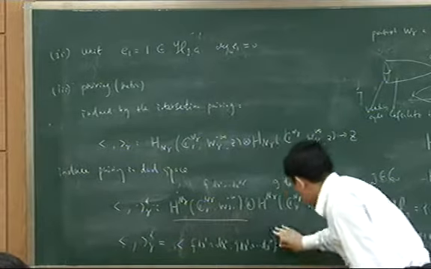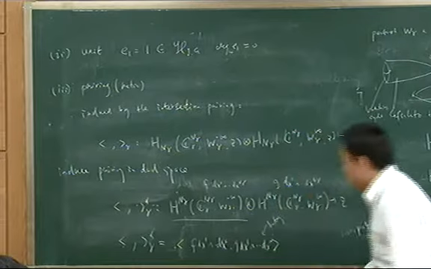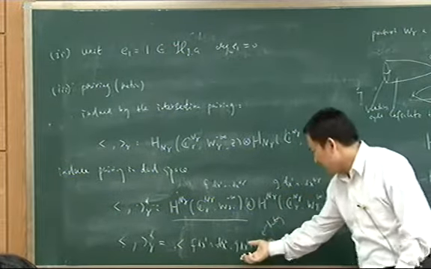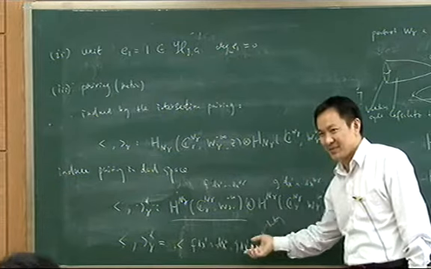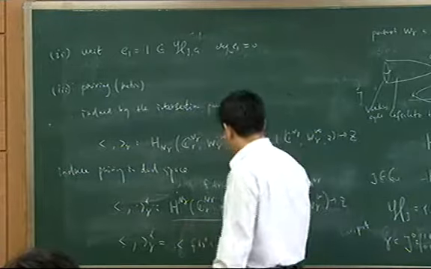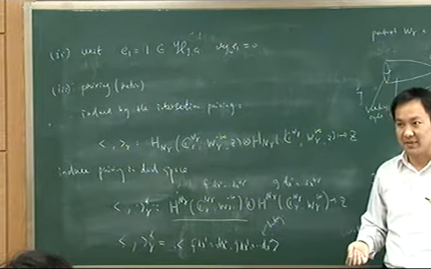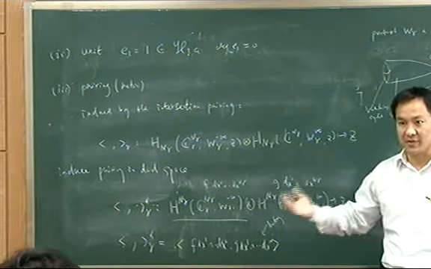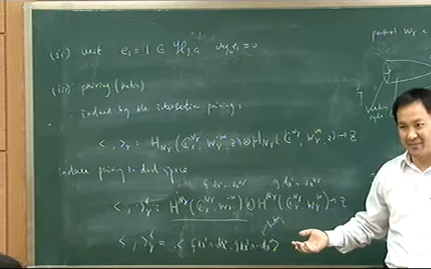So here, actually, this pairing is the integration. But here we need many words to explain what the integration of the two differential forms is, because this integration is over a complete non-compact space. So you should consider convergence in the infinite place.